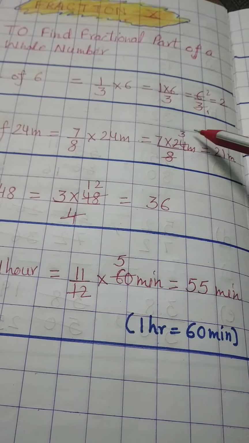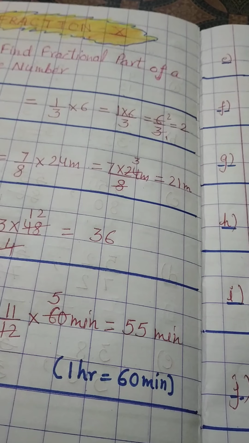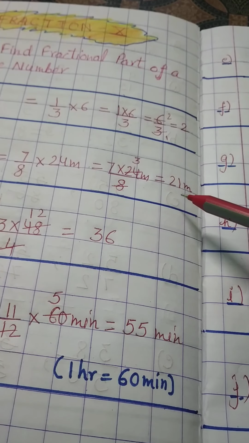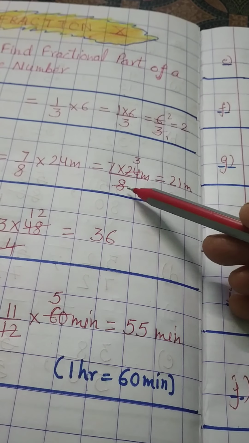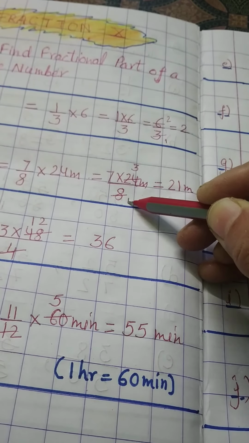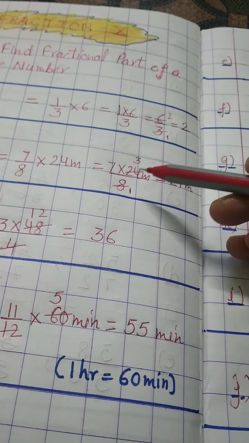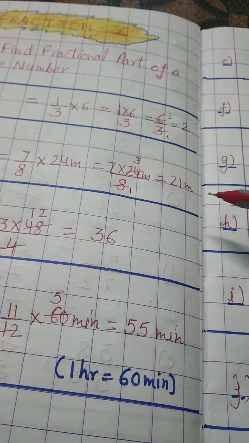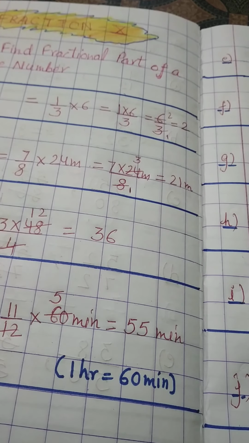So 8 threes are 24, and 7 threes are 21 meter. So the answer is 21 meter. Once again, 7 into 24/8. So 8 ones are 8. We can write 1 here, but normally we don't write it. So 8 threes are 24, so here 7 threes are 21. 21 meter is the answer.